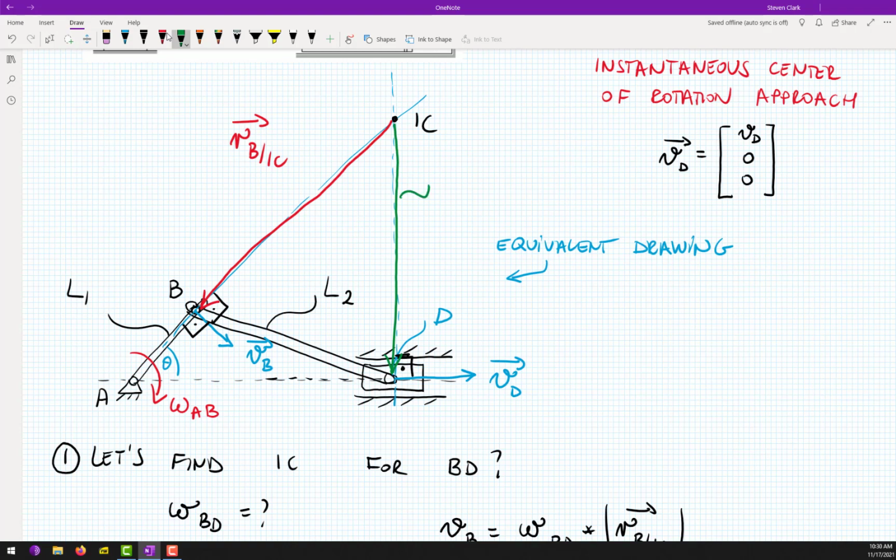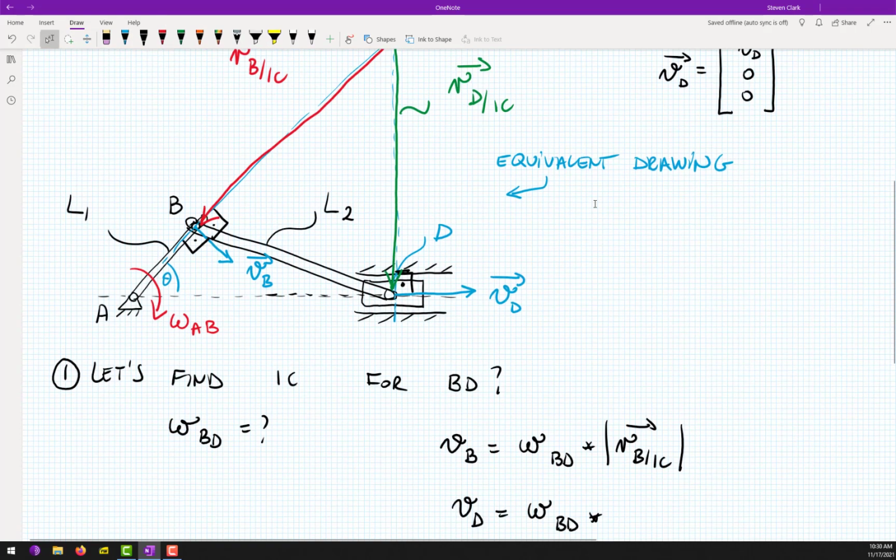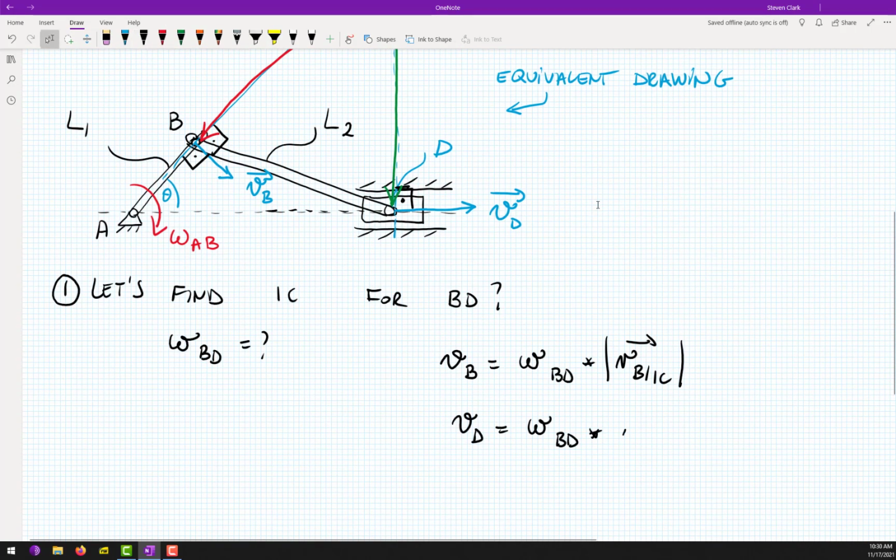That would be RD with respect to IC, magnitude-wise. I would like to find omega BD using this approach.